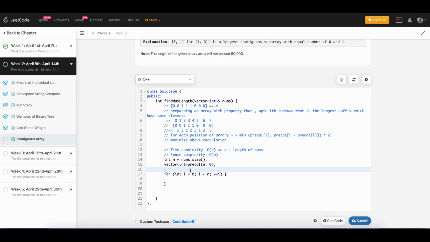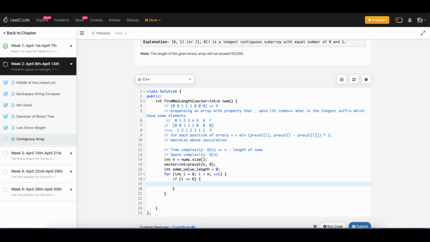Let's define same value length, which is 0 initially. If I is 0, then same value length will be 1.